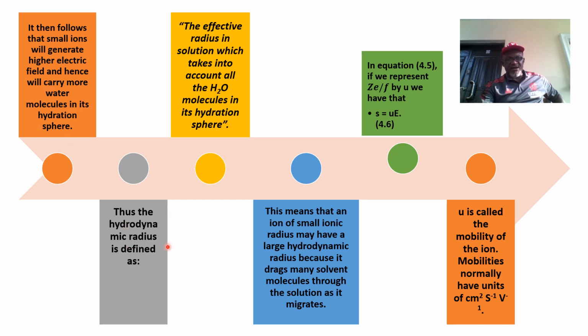Thus, the hydrodynamic radius is defined as the effective radius in solution, which takes into account all water molecules in its hydration sphere. So small ions will attract more water molecules and have a higher hydrodynamic radius, which affects their mobility and conductivity. This means that an ion of small ionic radius may have a large hydrodynamic radius because it drags many solvent molecules.